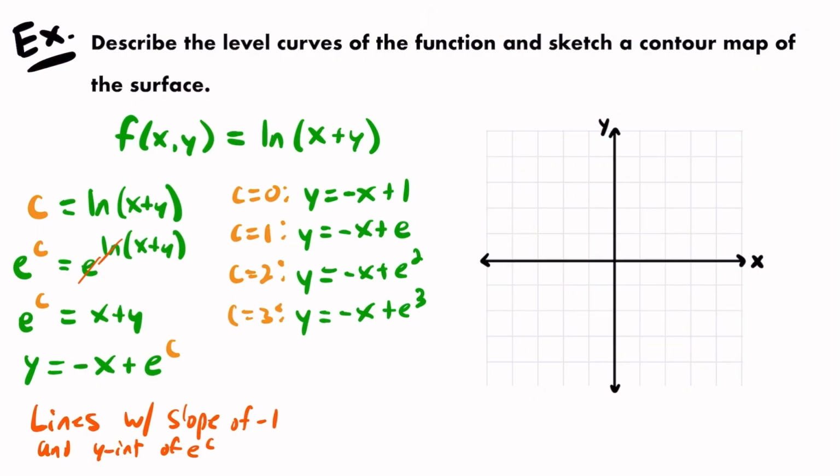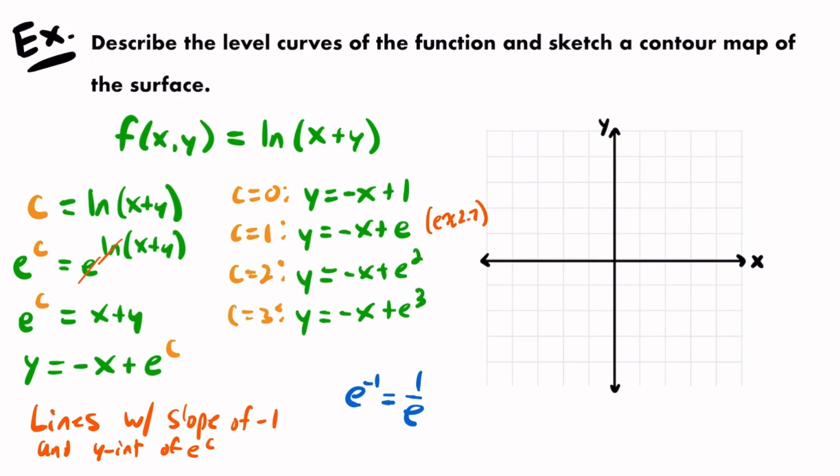Okay, now you could look at negative values of c as well, but they're not going to be all that helpful here, because in each case, the only thing that's changing is this y-intercept. And so we go from 1 to e, and e is about 2.7, right? E is approximately 2.7, and then e squared and e cubed are just going to be bigger values than that. But if you use a negative value of c, such as c equals -1, you'll have e to the power of -1, and e to the power of -1 is 1 divided by e, which is a very small value.